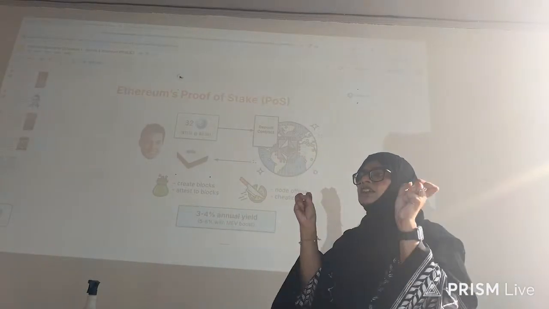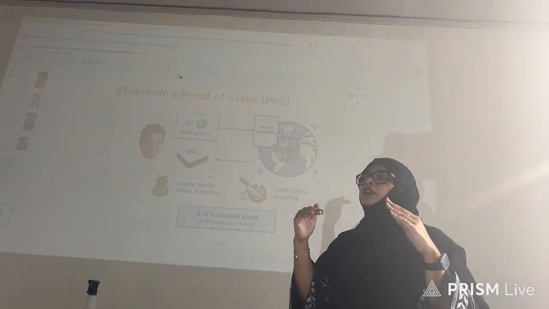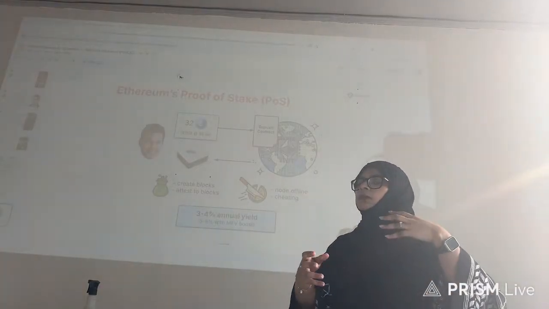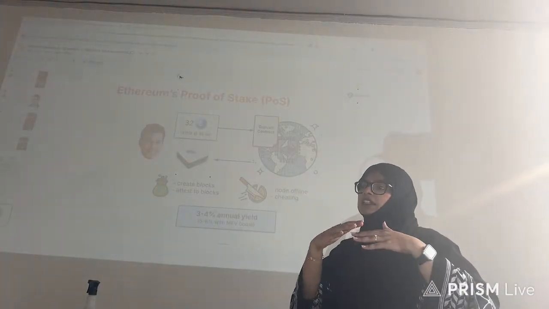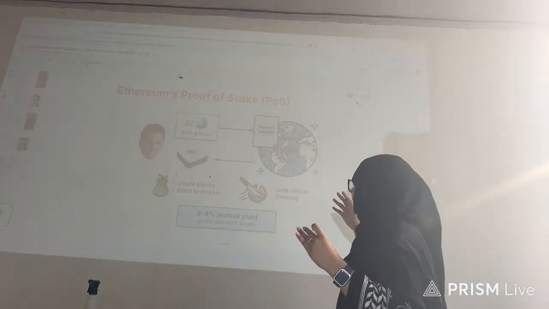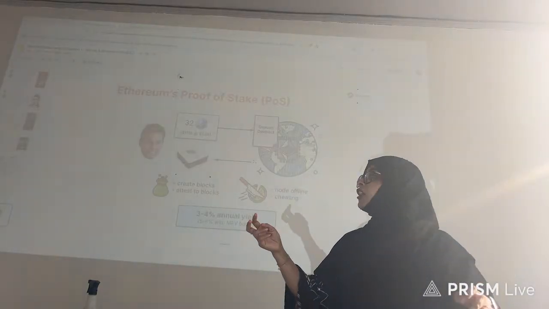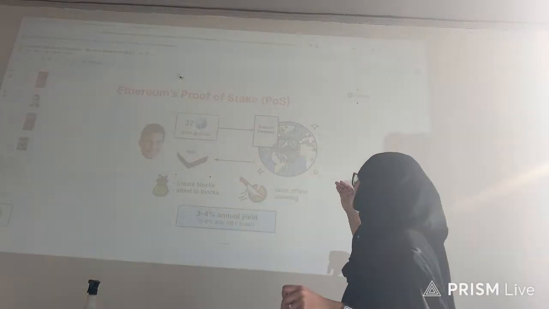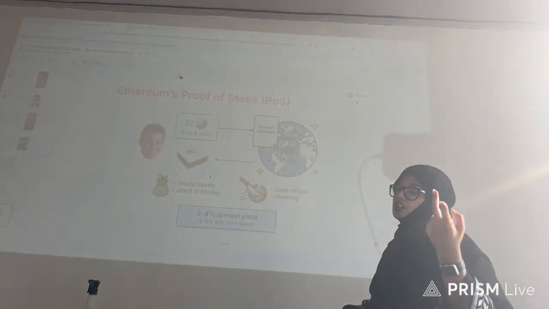Now, how does the proof of stake algorithm tackle cheating or discrepancy? It has the concept of slashing, where what you have staked on the blockchain gets slashed for two reasons, majorly.